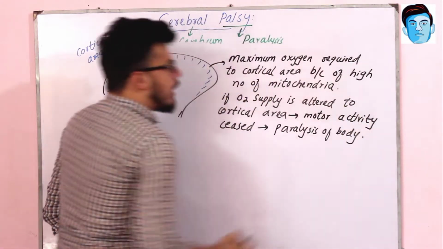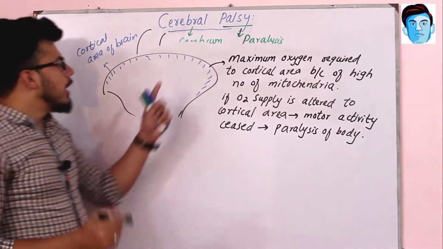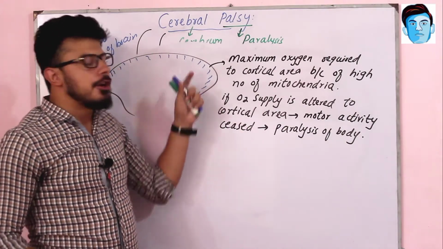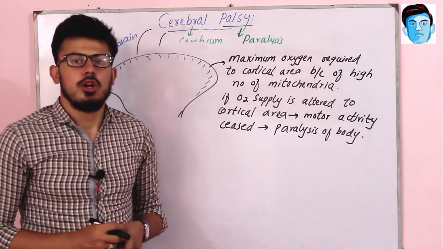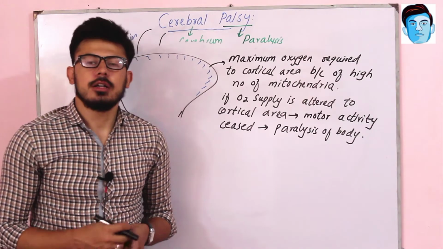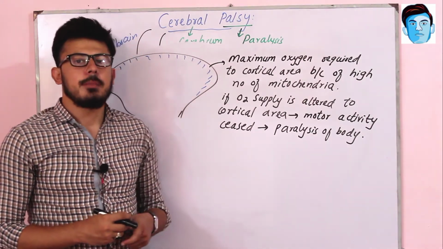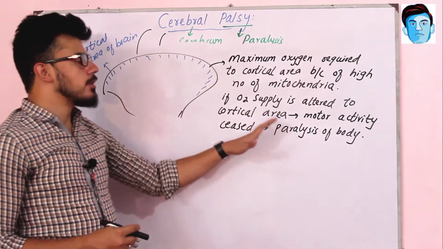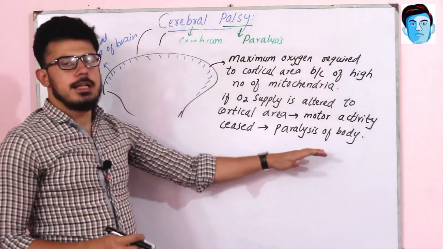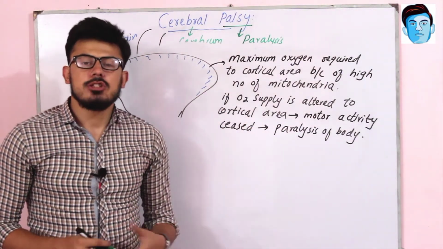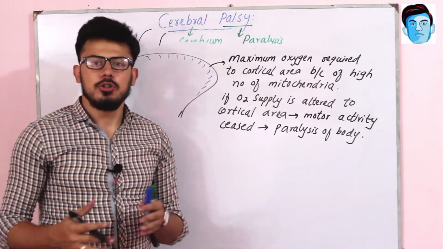So I repeat, the cortical area of the brain requires the maximum oxygen. If the oxygen supply is deficient to such a place, the motor activity is distorted, which leads to paralysis of the body. Now this paralysis ranges from minor to major.